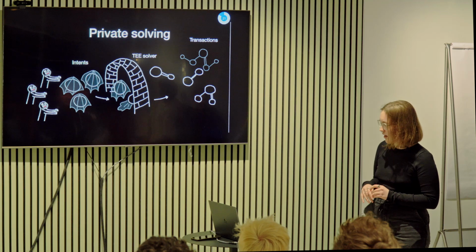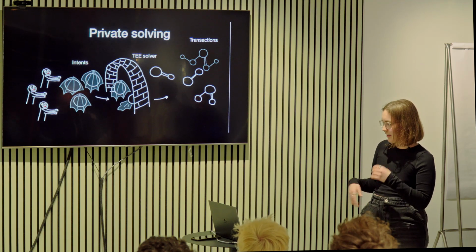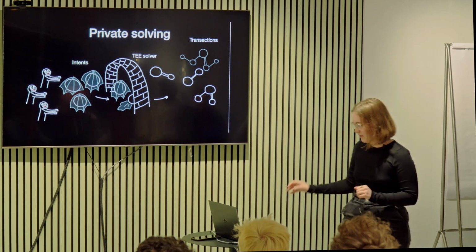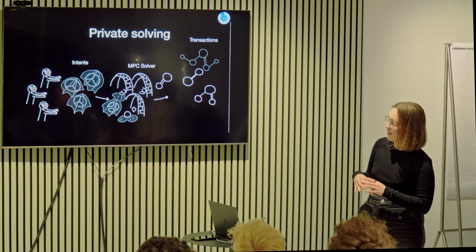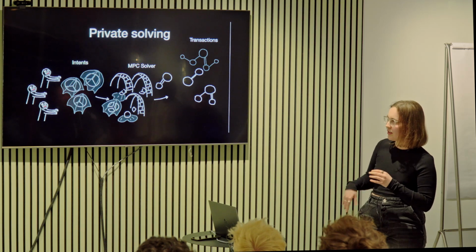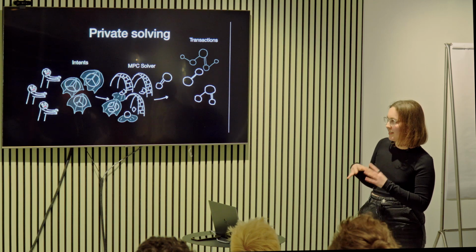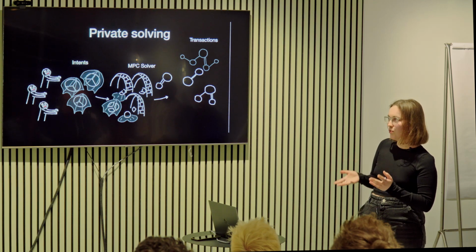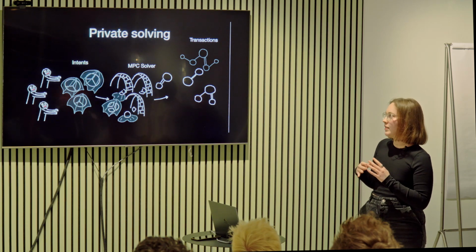There are some approaches you can try. There is a TEE solver, like a box: you put intents in there, and then it somehow outputs transactions, also shielded. And there is also an MPC solver, where it is very unclear how it would work, what it would receive, and all of that. These approaches could work in theory, but practically speaking, nobody works on that because nobody cares about intents right now.